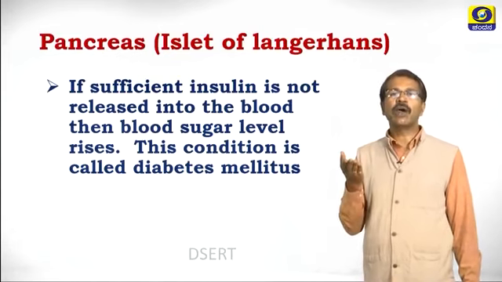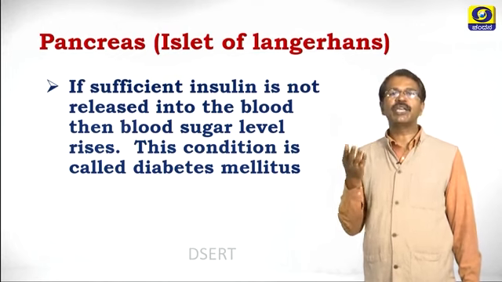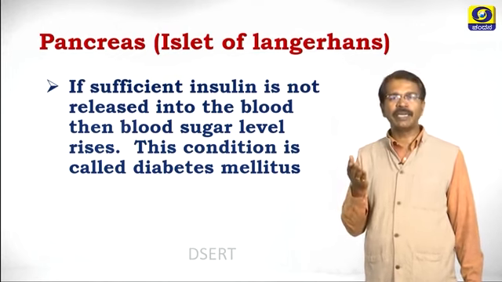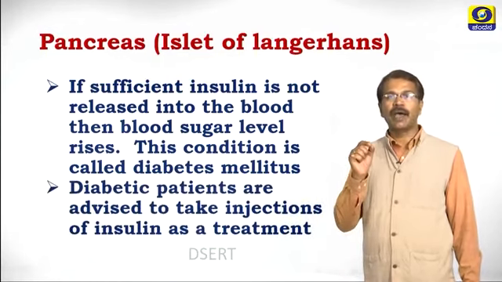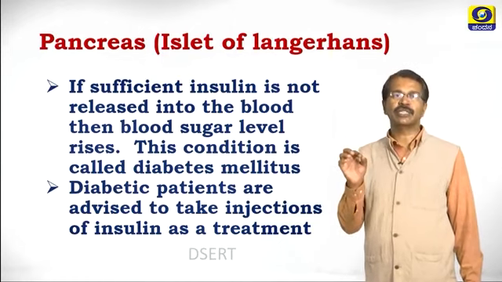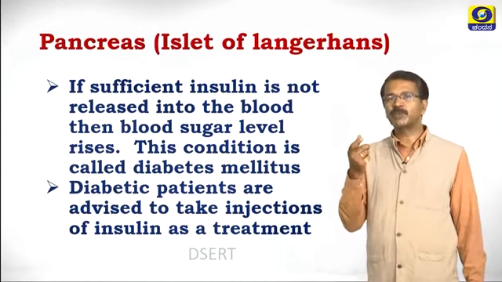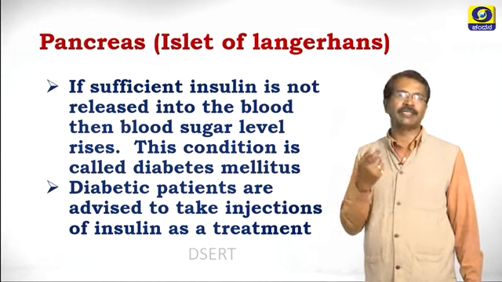Then it cannot control the blood glucose level. Such a condition is called diabetes mellitus. Such patients are advised to take insulin injection. That means a specific quantity of insulin has to be injected into the blood.